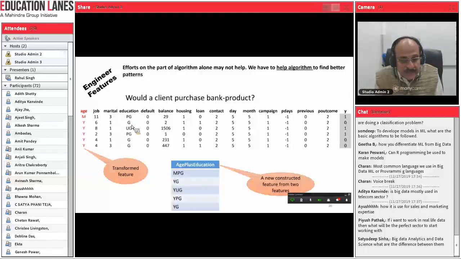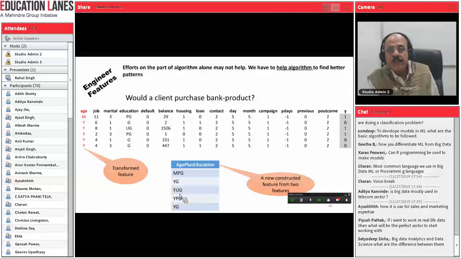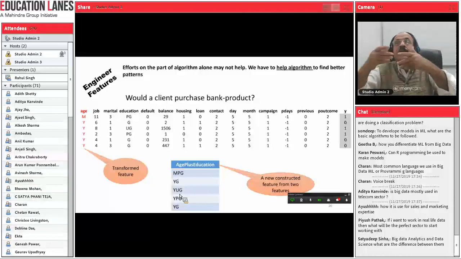So it creates a column like this, which is a combination of age and education, middle age and postgraduate, young graduate, young undergraduate, like this. So it creates a third column like this. So what the domain expert is now doing, from his experience, he is creating new features that will help the machine to find out patterns quickly and accurately.